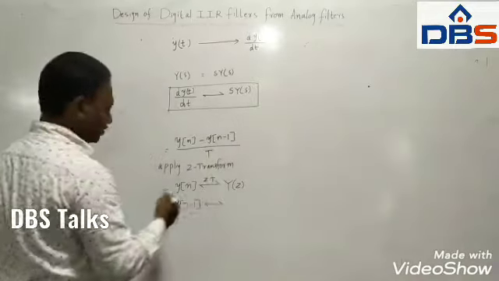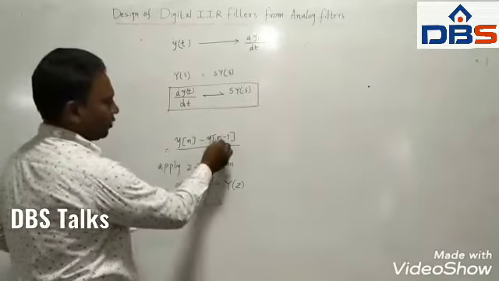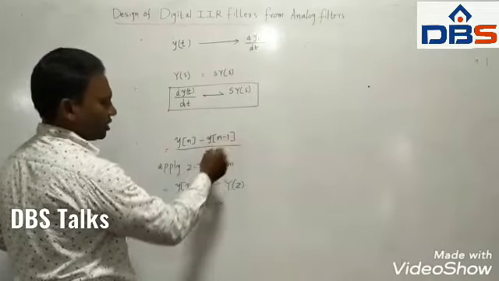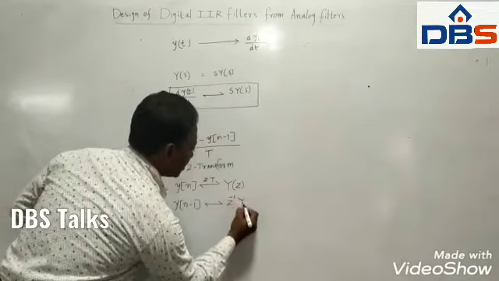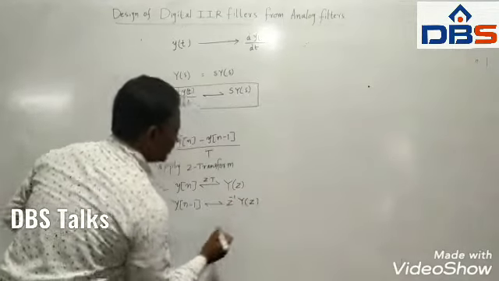How much is it shifted? One unit sample, n minus 1. So it becomes z inverse into Y(z).